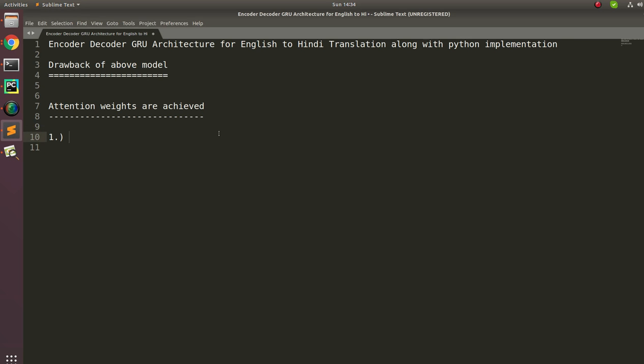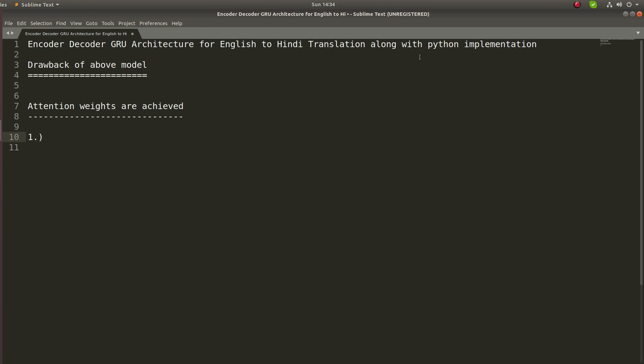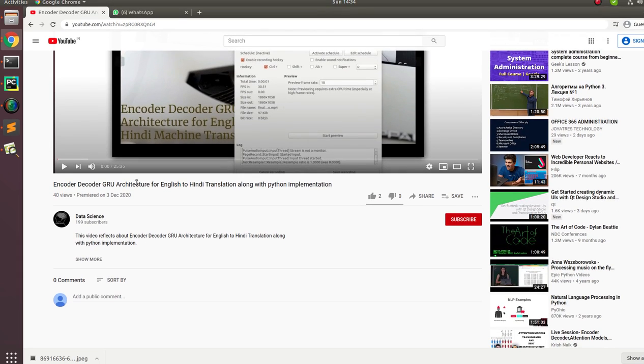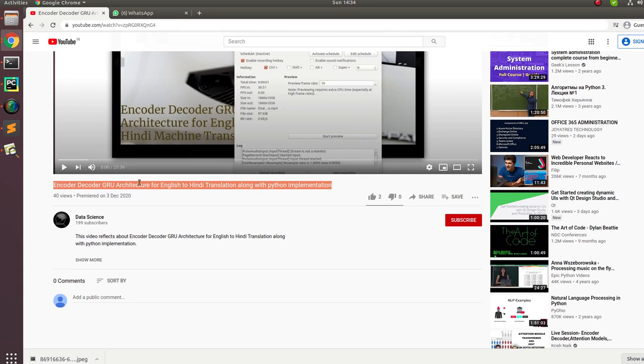In the last video, we discussed the Encoder Decoder GRU architecture for English to Hindi translation along with the Python code. Let us see the video. So this was the previous video. I have created it.